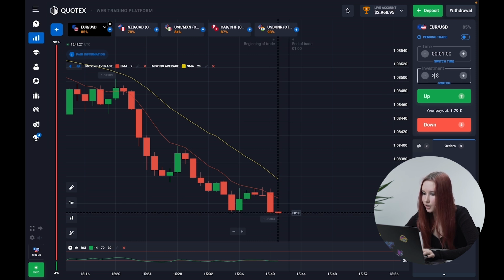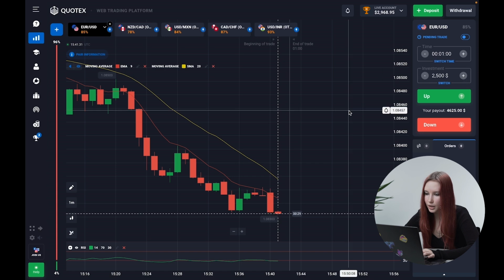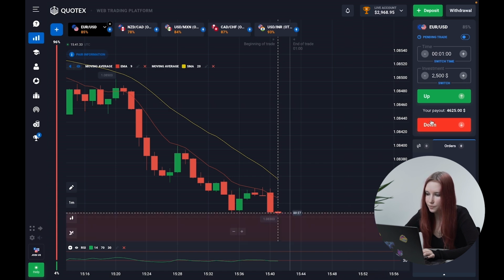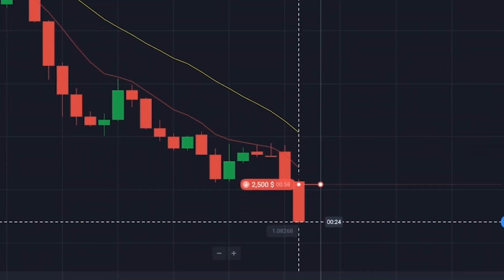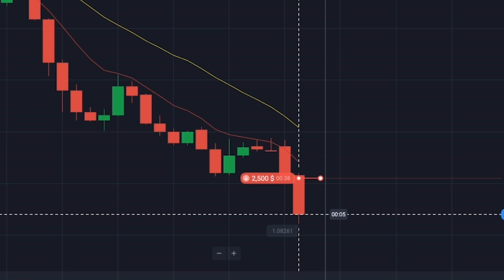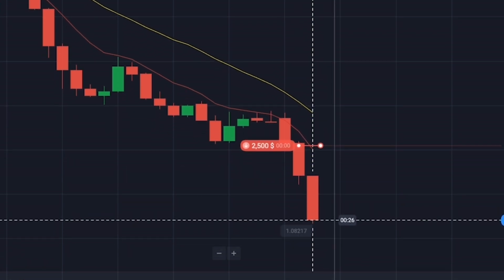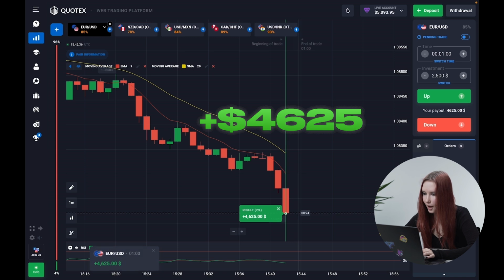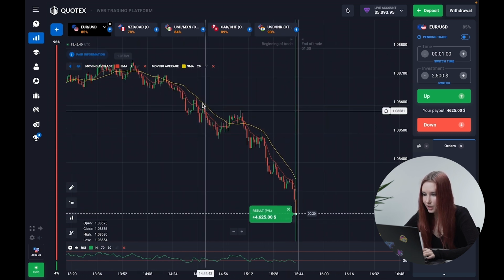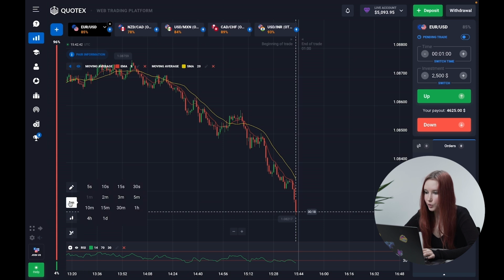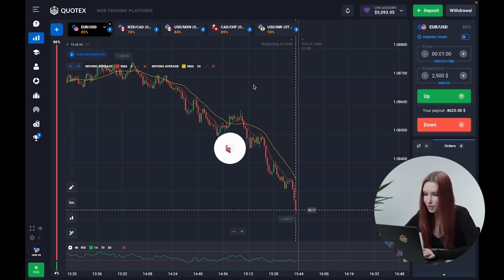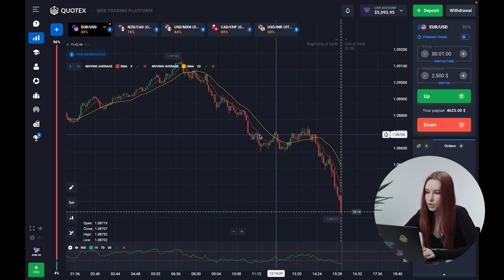I'll trade, I think, with 2,500 bucks for 1 minute again. So down trade. Let's go. Well, that's really great. The price went in a down direction according to the general trend, so this is a global trend, and we're interested in what's happening there. Maybe it's really strong.